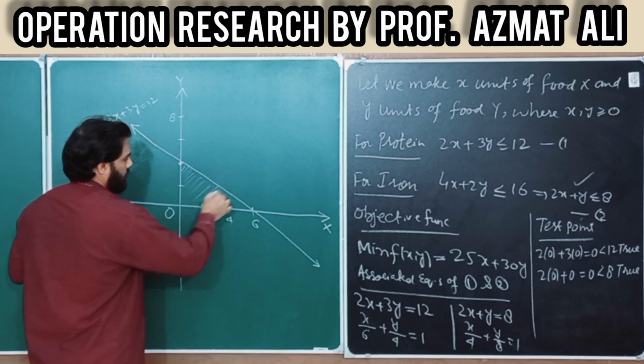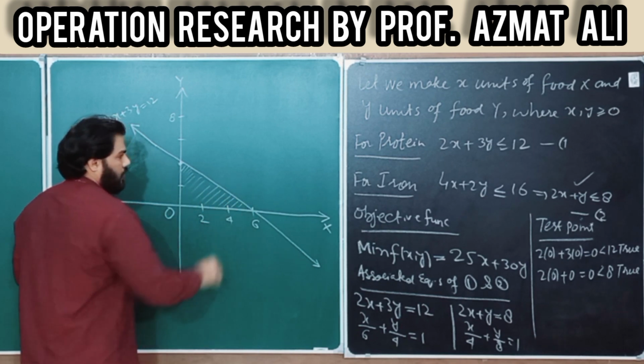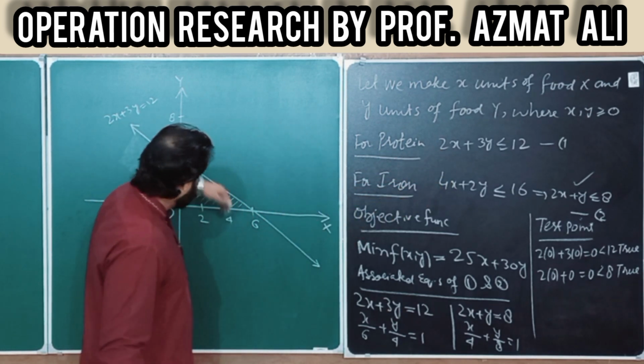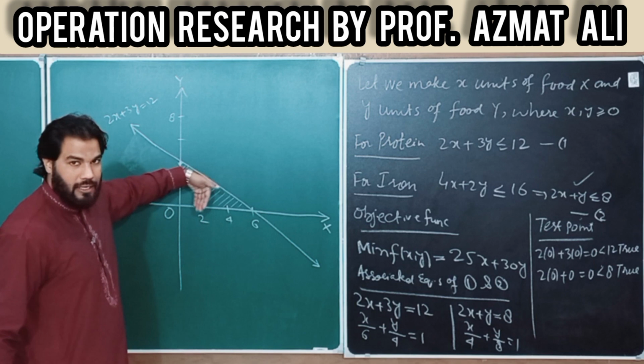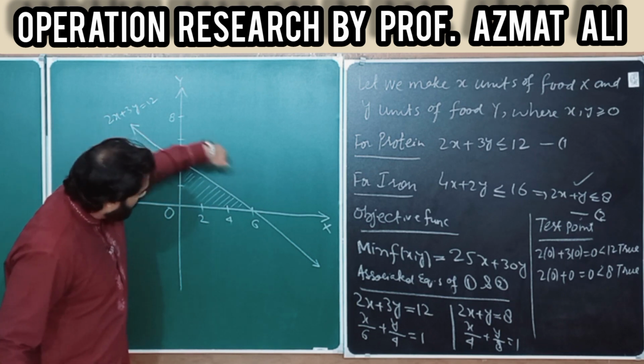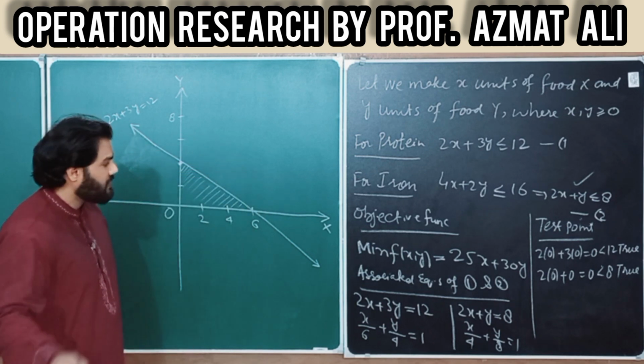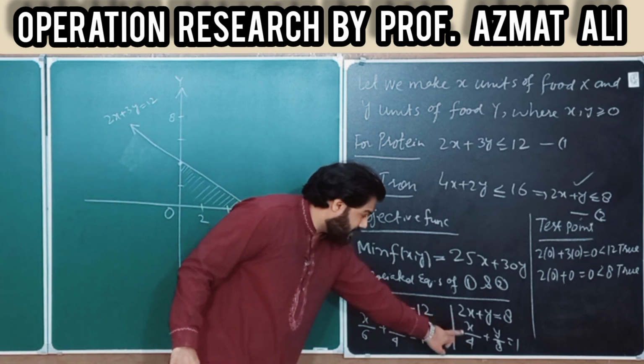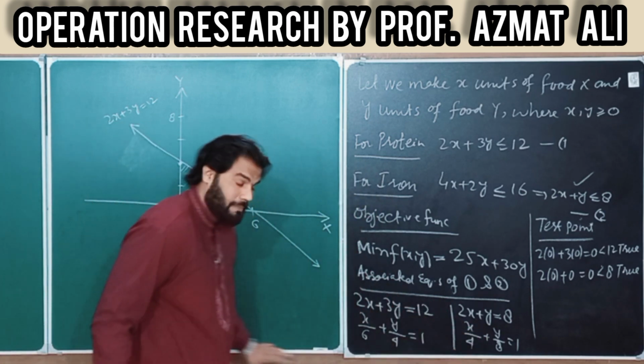Here the graph of the first inequality is below the line, and the boundary line is also included. Second, similarly here x intercept is 4 and y intercept is 8.